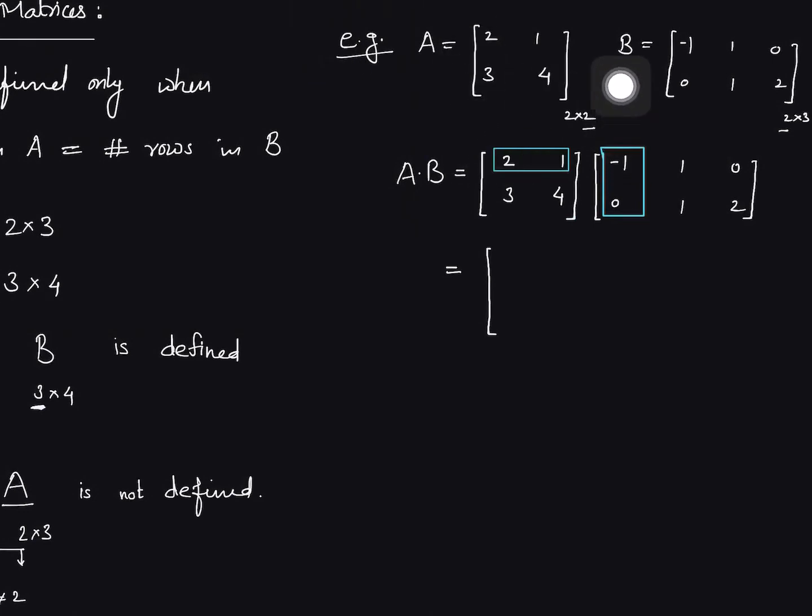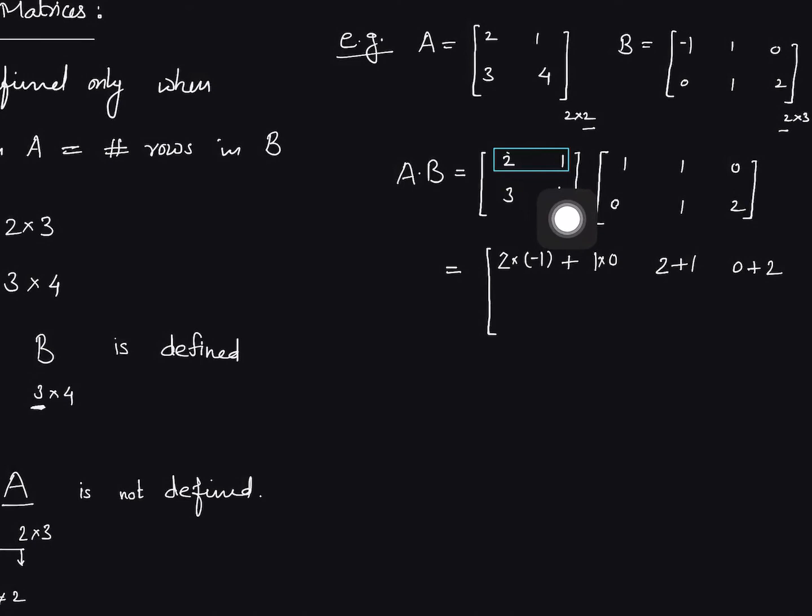First element with this, second element, first row, this column. So multiply this 2 with this 1. This is 2 plus 1. Multiply this row with this column, component wise multiplication: 2 into 0 is 0, plus 1 into 2 is 2.